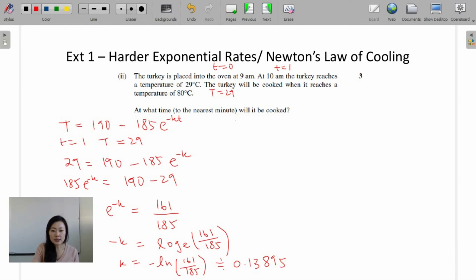Now the question is, when is it cooked at 80? So we need to find out when that happens. So subbing it into the same equation, I'm just going to leave the k as k, and then we'll put in the k last. So we're trying to solve for the power, so let's move things around.